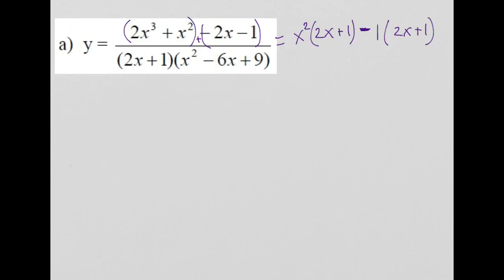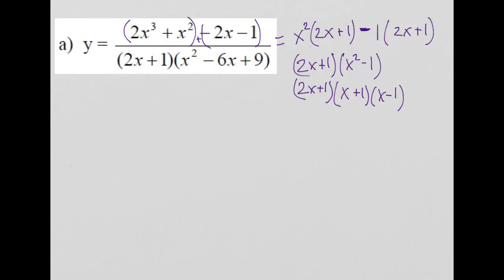We want to have the same factor in each because now we can factor out the 2x plus 1. So if we do factor out a 2x plus 1, well, we're left with an x squared minus 1, which can be further factored as x plus 1 times x minus 1 because that is a difference of squares. So that is my numerator right there.